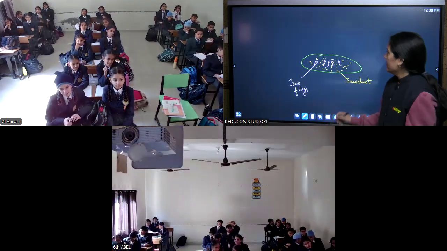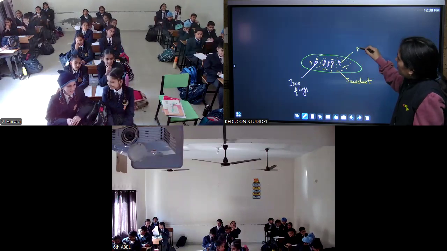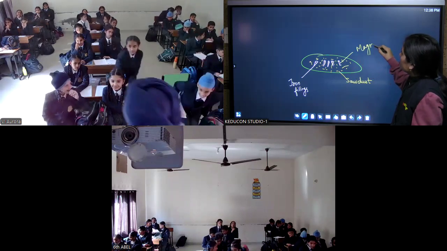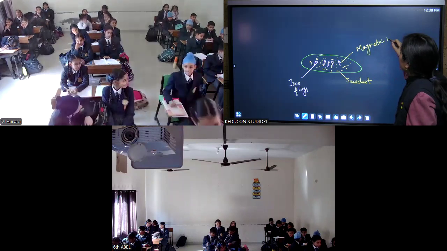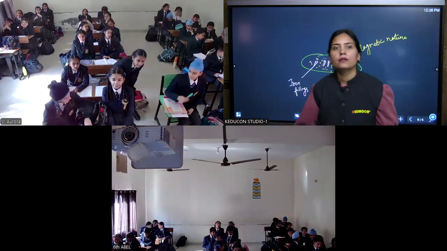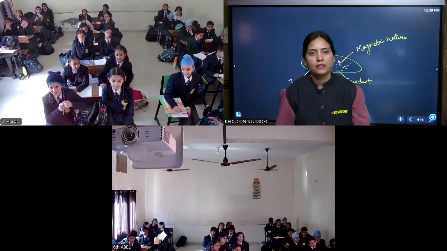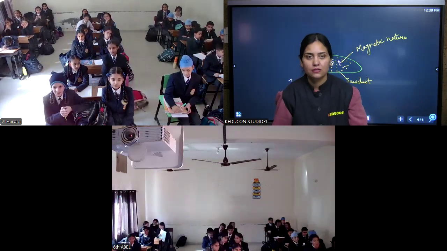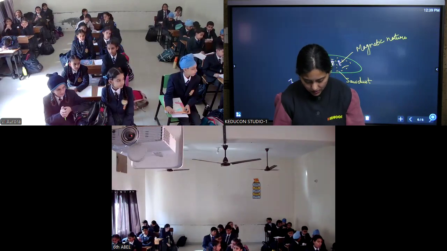So yes, we can say because of the magnetic nature of iron, it sticks to the magnet. So because of the magnetic nature of iron filings, it gets attracted towards the magnet easily, while sawdust doesn't. Okay? So that's good.